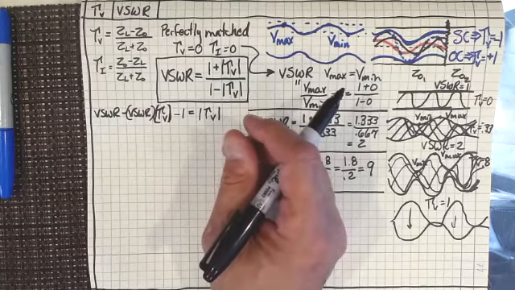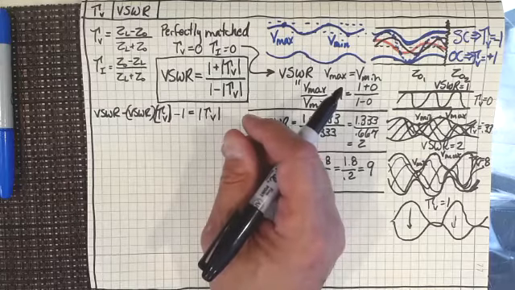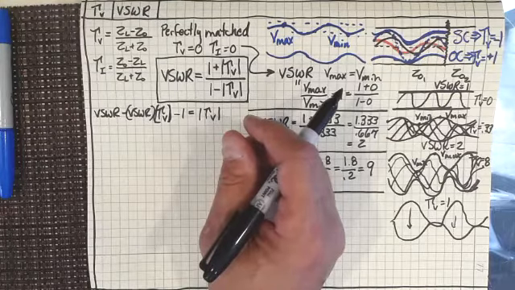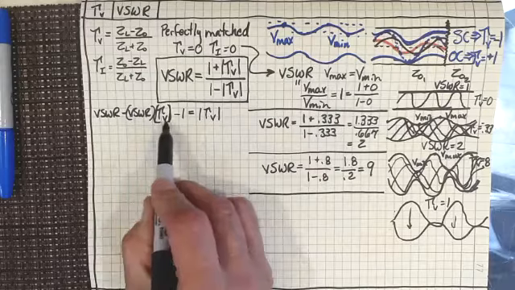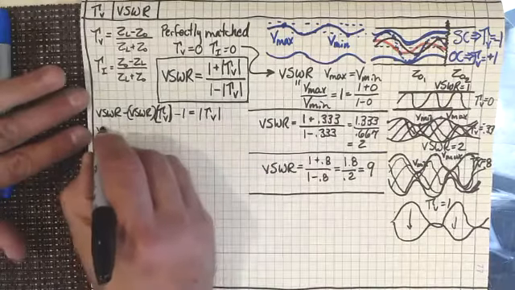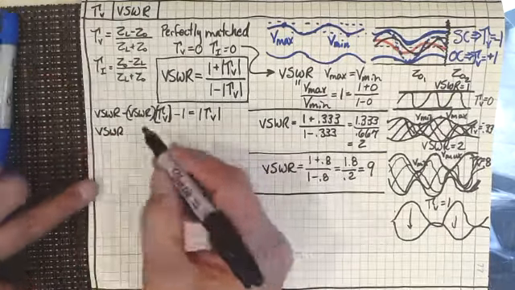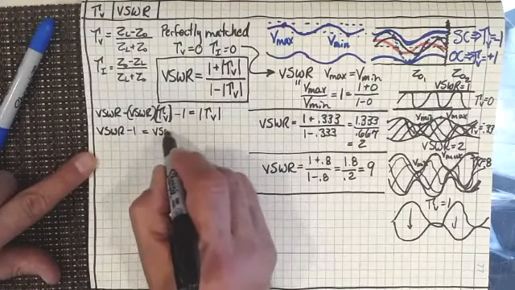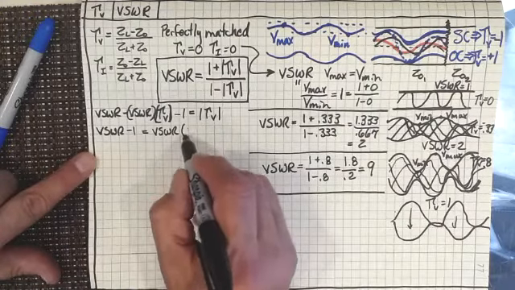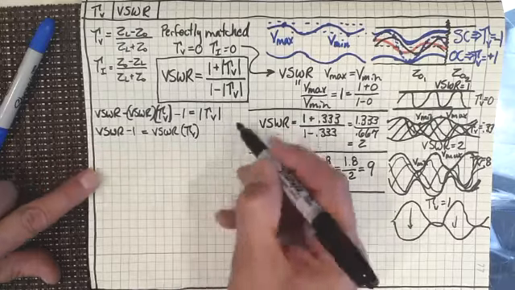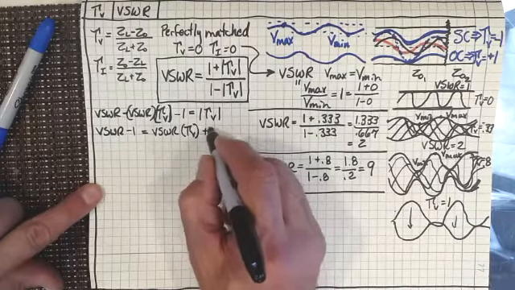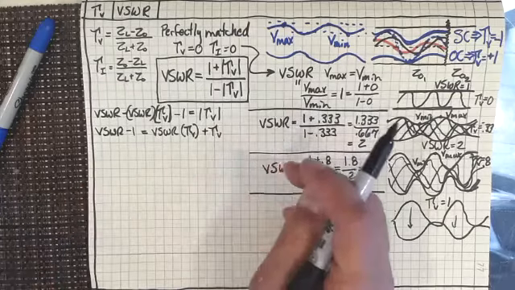Okay, well, let's take the tau sub v, or this positive VSWR times tau sub v, and bring it over to the other side. So I'm going to have VSWR minus 1 on one side, and I'm going to have VSWR times tau sub v on the other side, plus tau sub v, right?